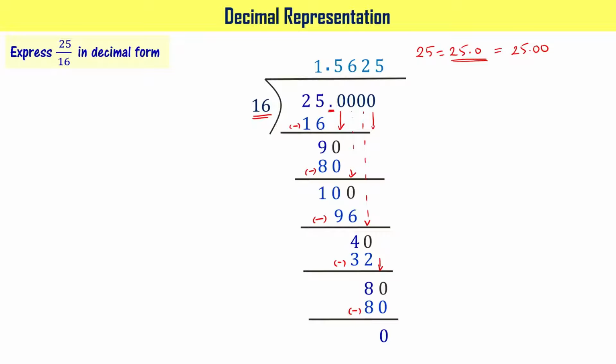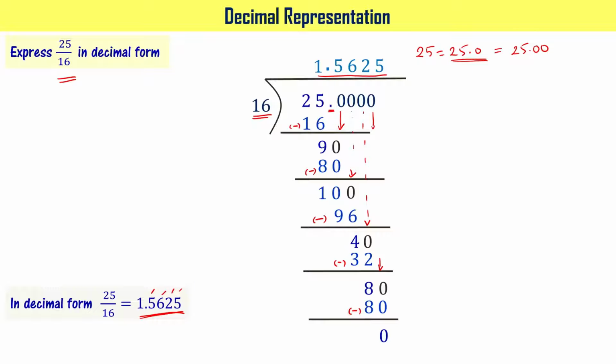Once you get remainder 0, it means that you have expressed 25 by 16 in the decimal form, which is given by the quotient of the division process, right? Now let me write 25 by 16 in the decimal form as 1.5625. Please note this. When you read this, you say 1.5625.